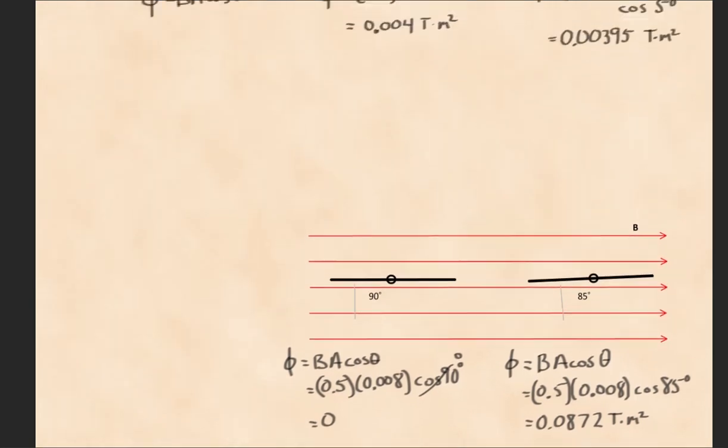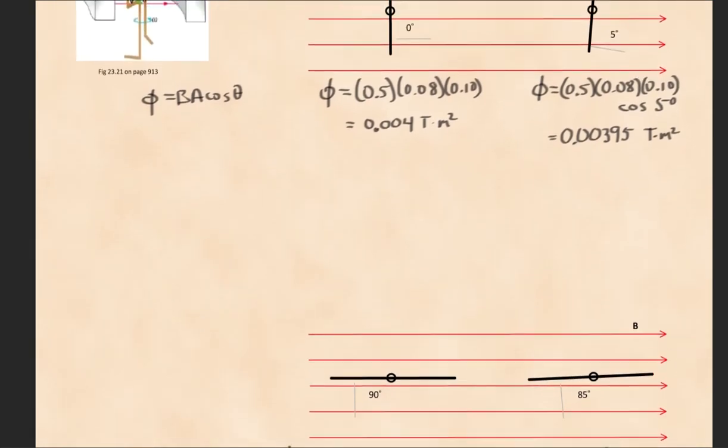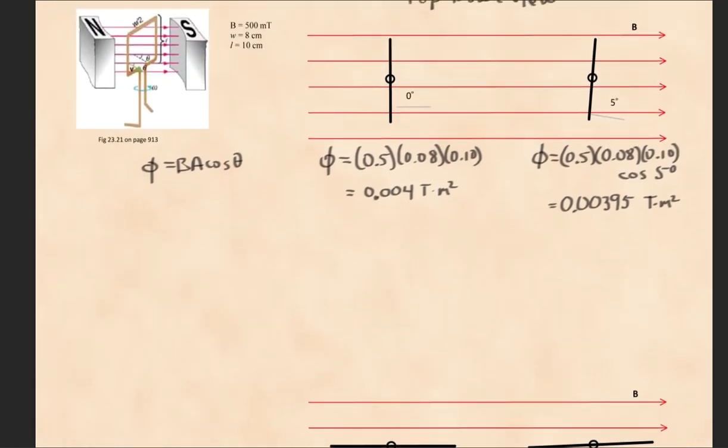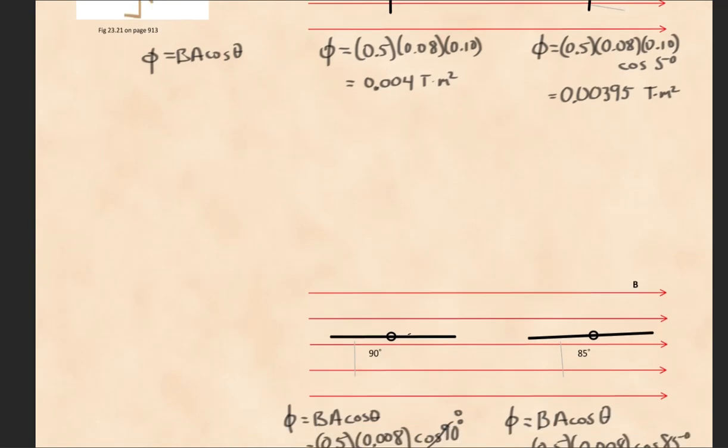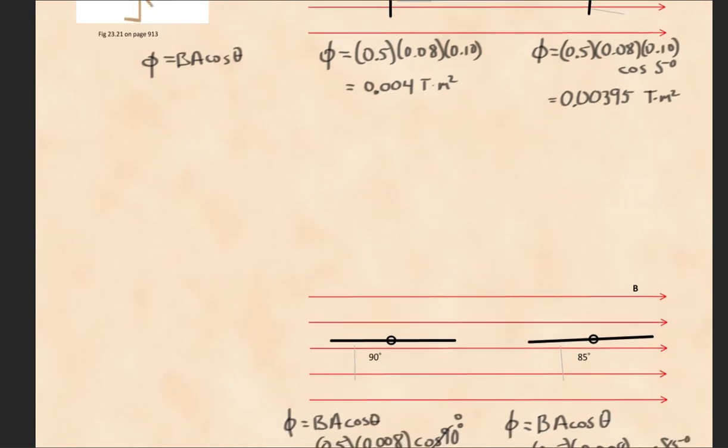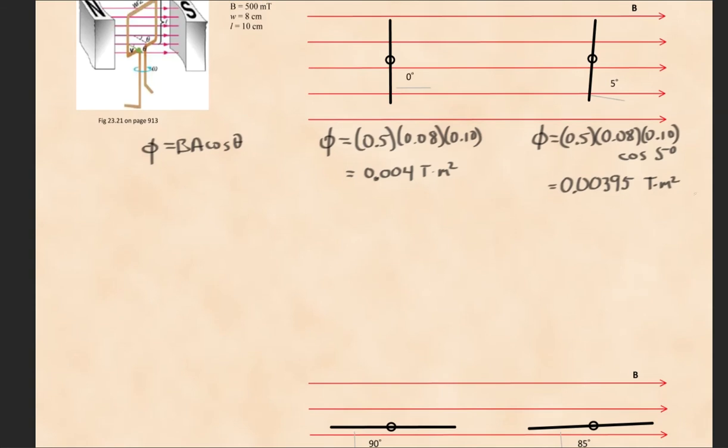Now, one other thing I want to point out before we leave this is look at the difference between these two. In both cases, I changed by 5 degrees. So I went from 0 degrees to 5 degrees. And in this one, I went from 90 to 85. So both of them are changing by 5 degrees.